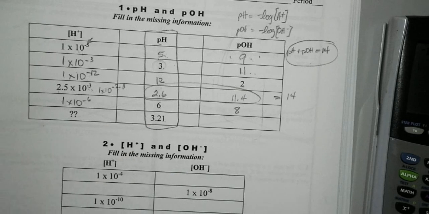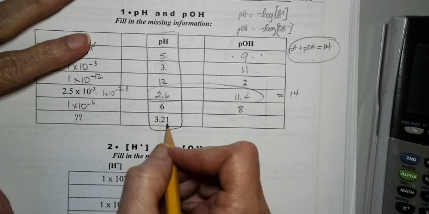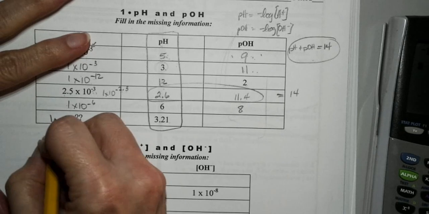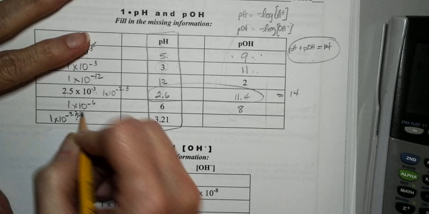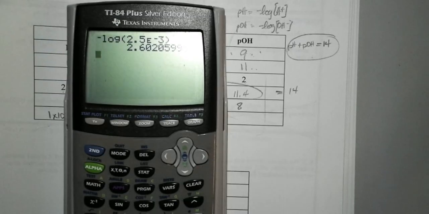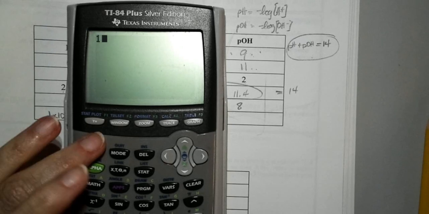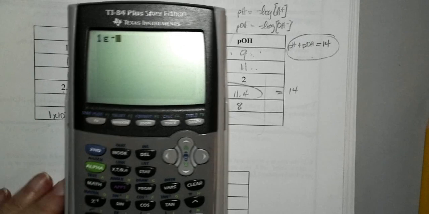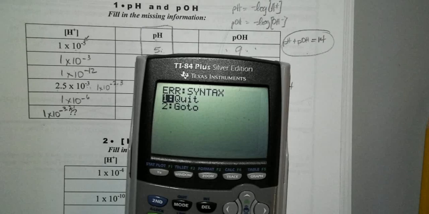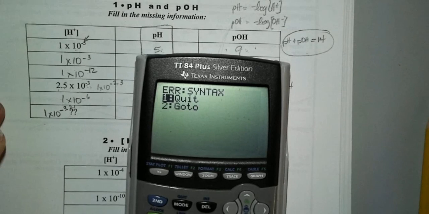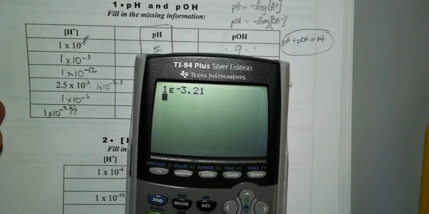Yeah, we're not allowed to write it as 1 times 10 to the negative 3.21. Pop that in your calculator. 3.21 and hit enter. You get that? Yeah, we're not allowed to do that. Can we do that with the caret button?